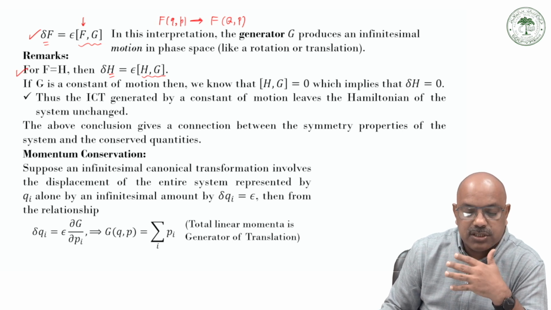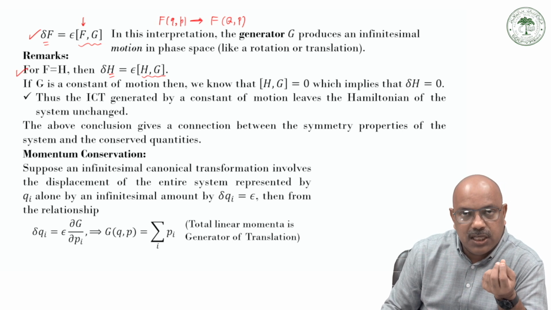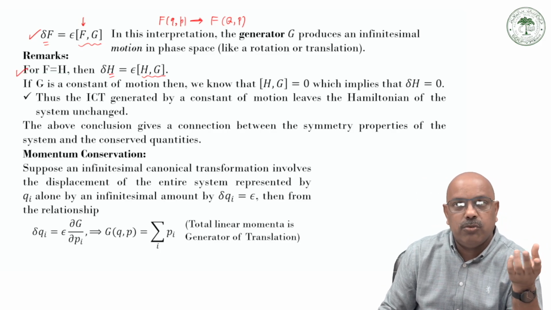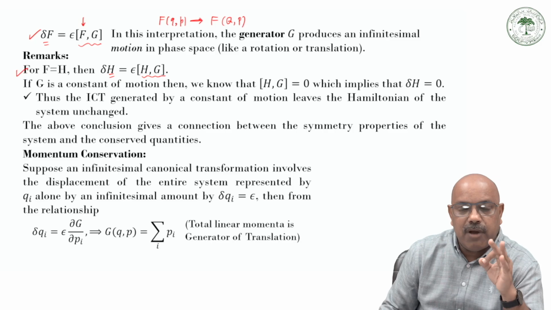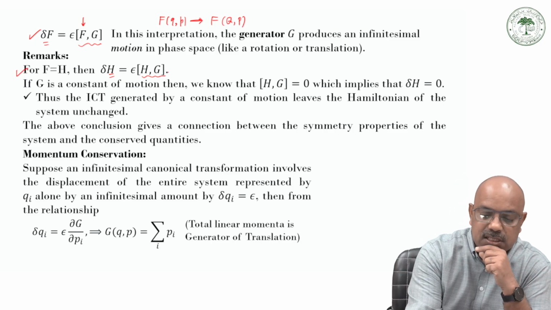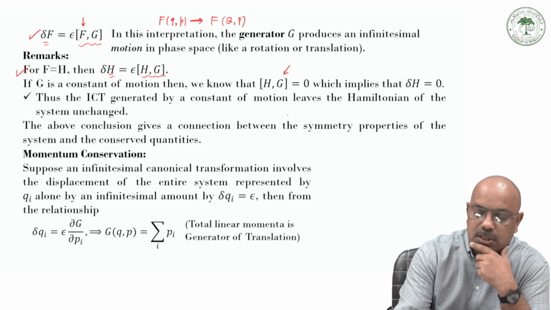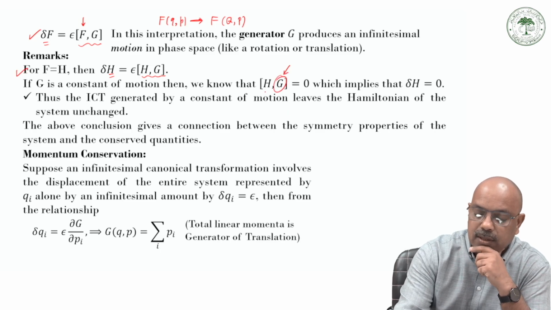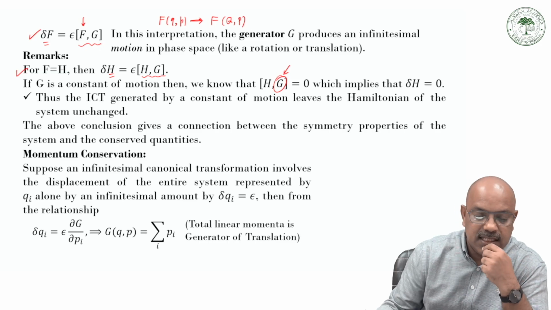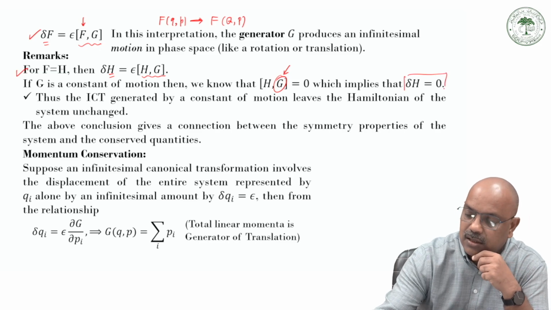And if G is a constant of motion, we know that if we take the Poisson bracket of something with the Hamiltonian of the system, and if that is 0, then that particular function is the constant or integral of motion. So if this is 0, then G is going to be the constant of motion, which implies that this delta H is going to be 0.